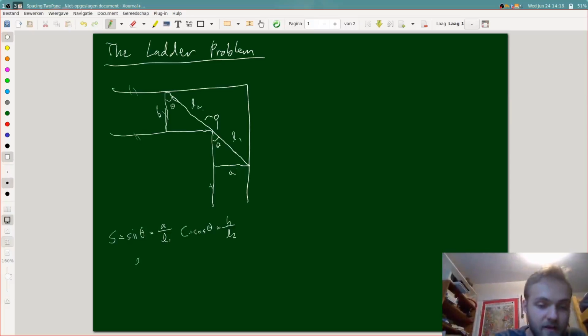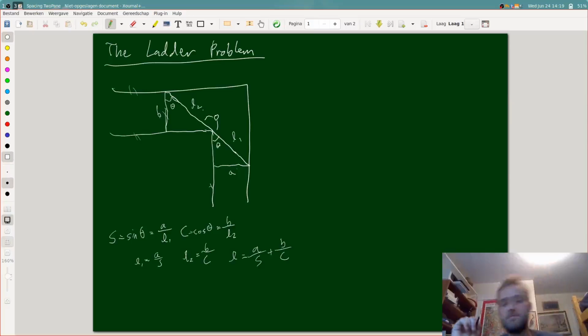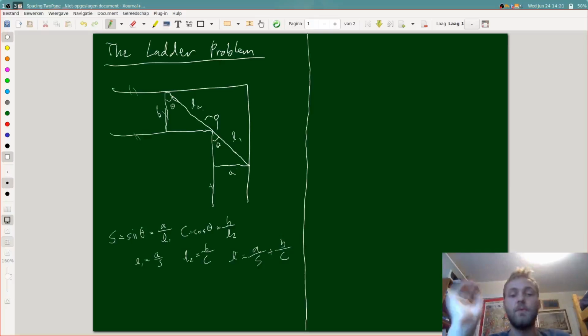So L1 equals A over S, L2 equals B over C, and then L, the overarching thing, equals A over S plus B over C. So now S is a function of theta, C is a function of theta, so now L is a function of theta, and now we need to minimize L. We want to find the minimum of L. In order to do that, we take the derivative and set it to 0.